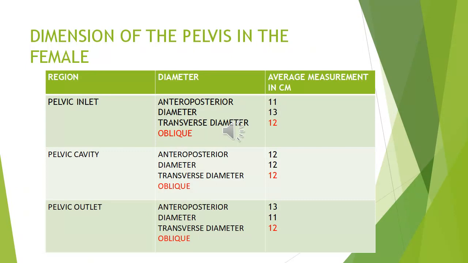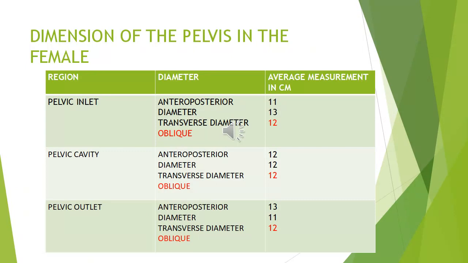The next is the pelvic cavity. In the pelvic cavity also, we are considering the three diameters: anteroposterior, transverse and oblique. The anteroposterior diameter is from the S3 vertebra, the midpoint of the third piece of the sacral vertebra, to the posterior surface of the pubic symphysis, that is, the pelvic surface of the pubic symphysis. The next is the transverse diameter, that is the maximum diameter obtained transversely.